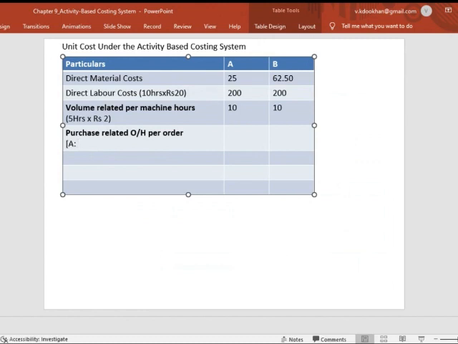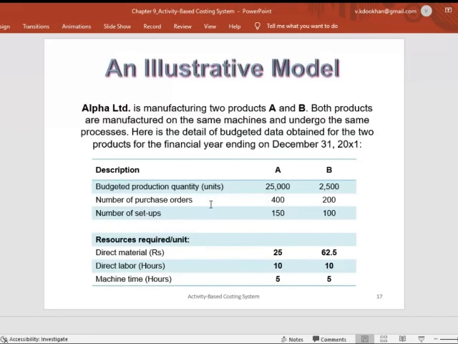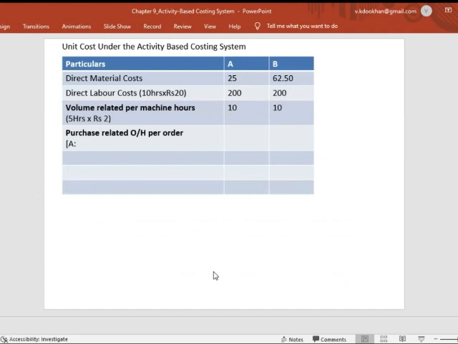We are going to get back to the question. It is this one: purchase orders for A 400 and B 200.